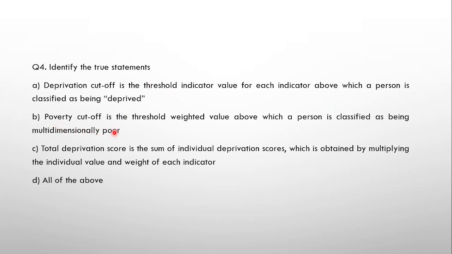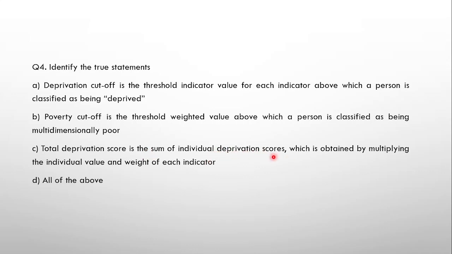B, poverty cutoff is a threshold weighted value above which a person is classified as being multidimensionally poor. So you have the 0.33 cutoff. You calculate the total deprivation score for all 12 indicators, and if you cross that threshold, then that person is multidimensionally poor. C, total deprivation score is the sum of individual deprivation scores.